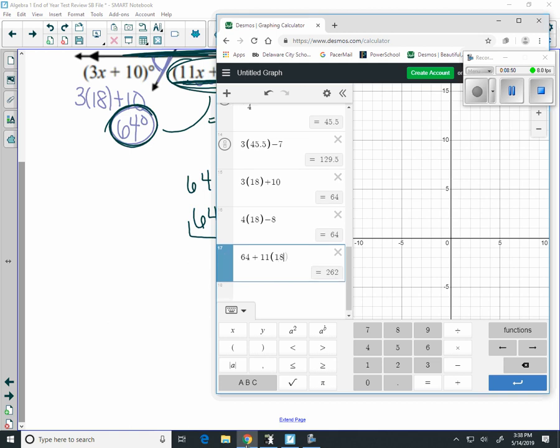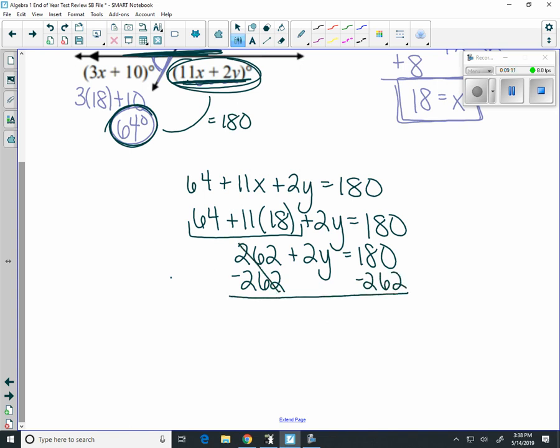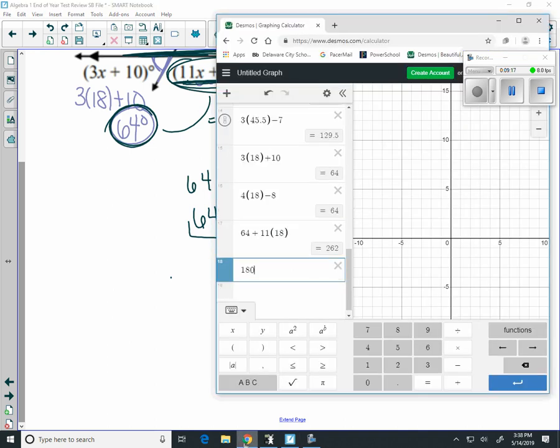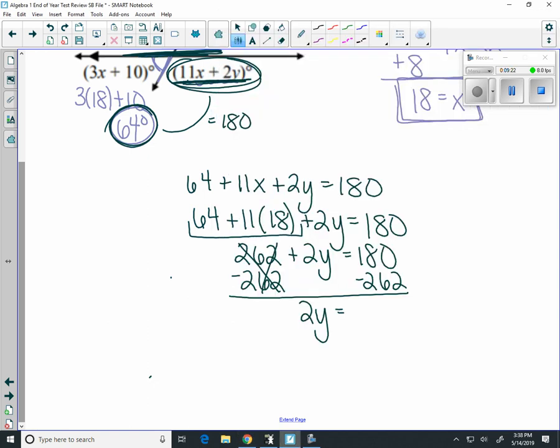You're welcome to do it in more than one step. You're welcome to do 11 times 18 and then plus 64. That gives me 262. I'm going to subtract my 262 over. I'm going to get negative 82.